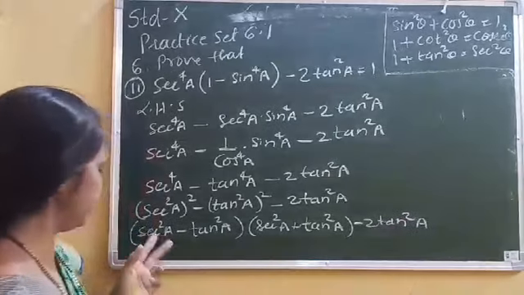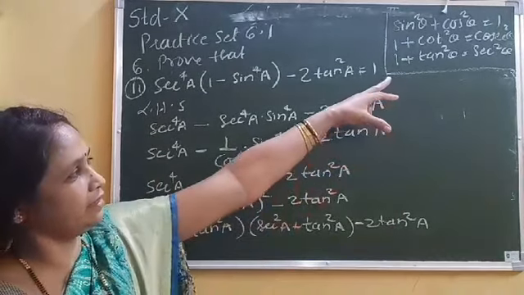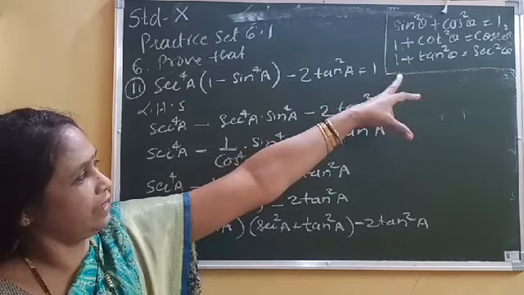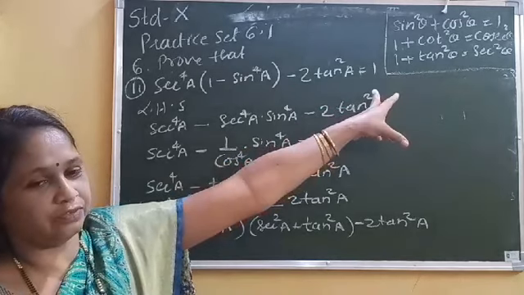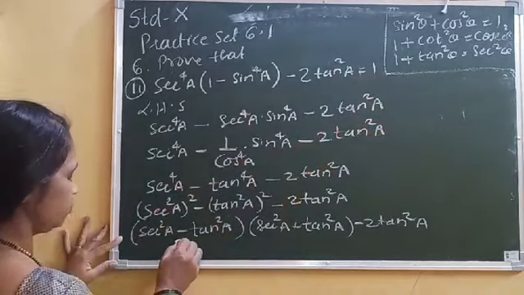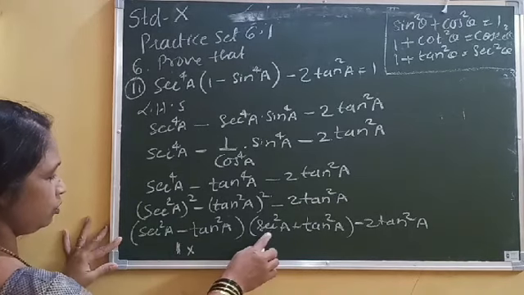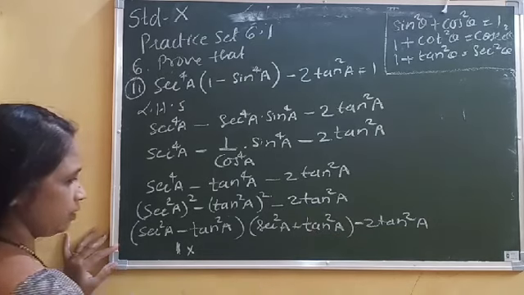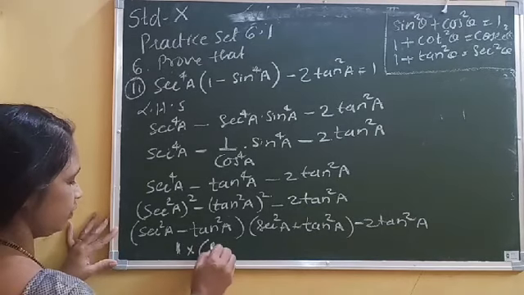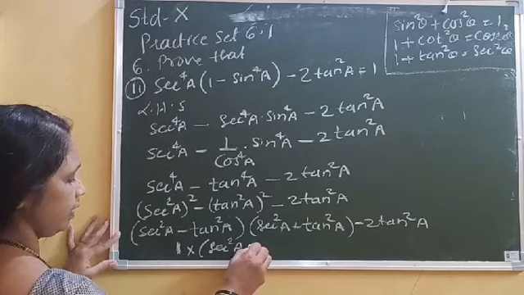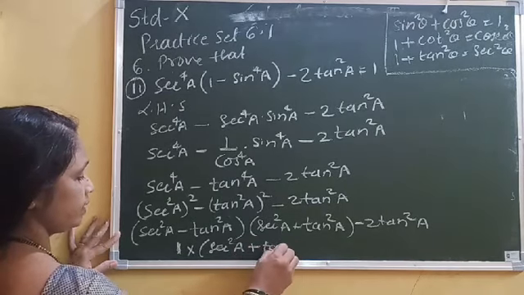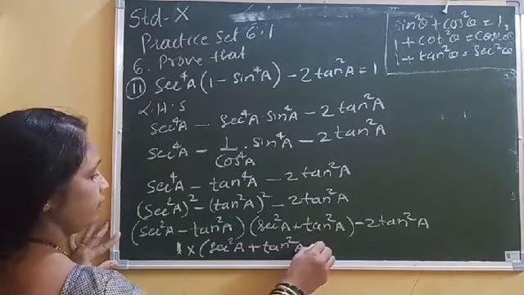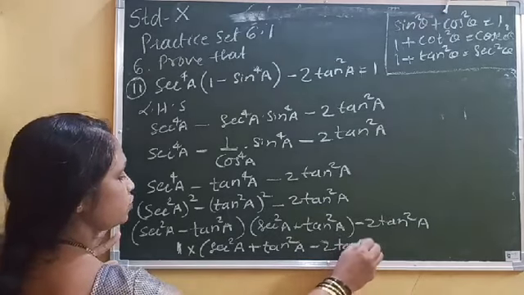Now see, sec square a minus tan square a is sec square theta minus tan square theta, which is equal to 1. So this is 1 into sec square a plus tan square a minus 2 tan square a.